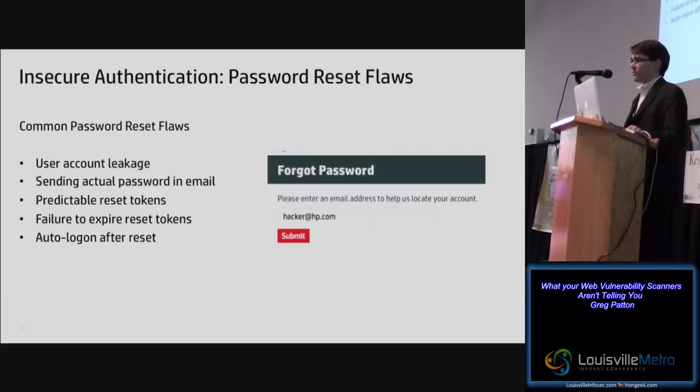I could predict those tokens and potentially reset somebody else's password. We also see the flaw where websites fail to expire those tokens. They just live on indefinitely or for a very long period of time. If somebody can guess what those tokens are, they can potentially change people's passwords without their knowledge.